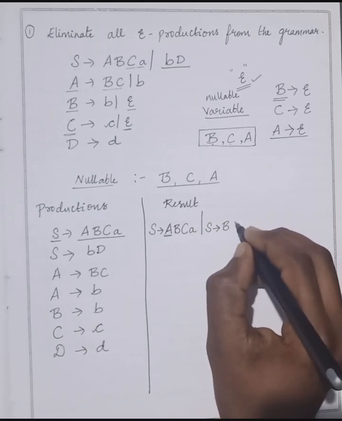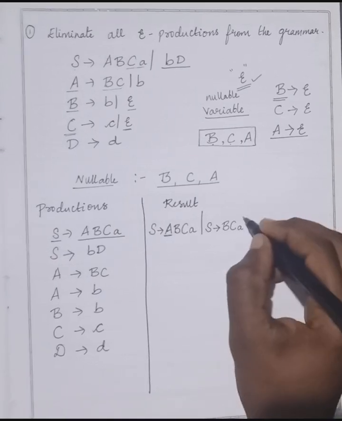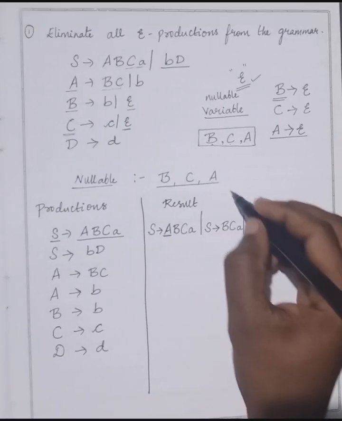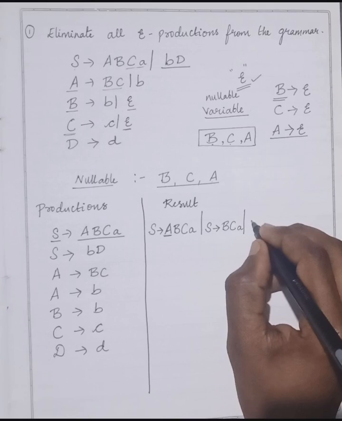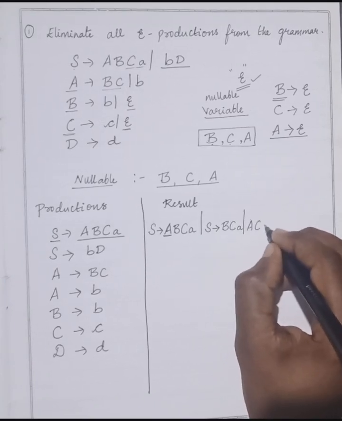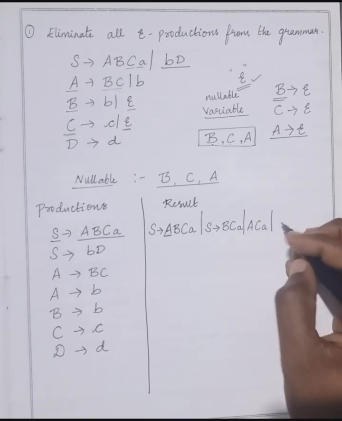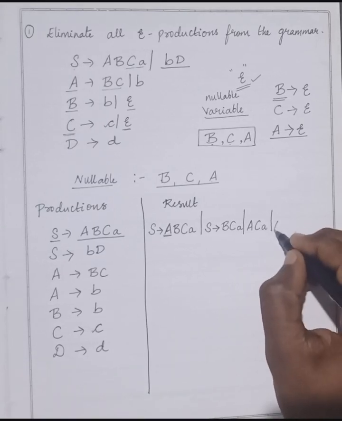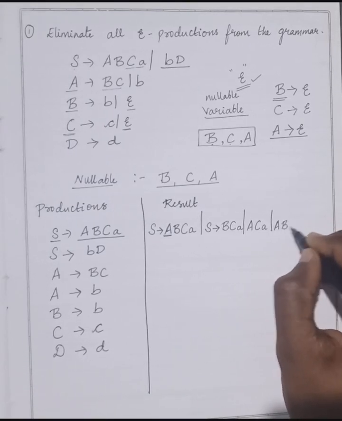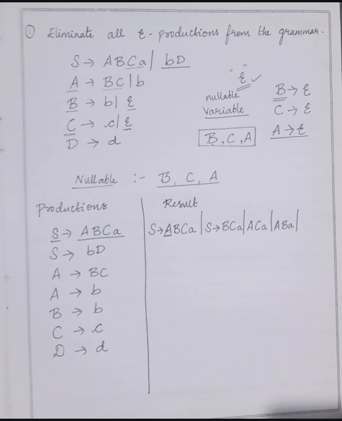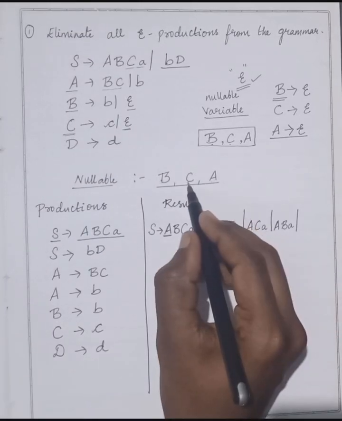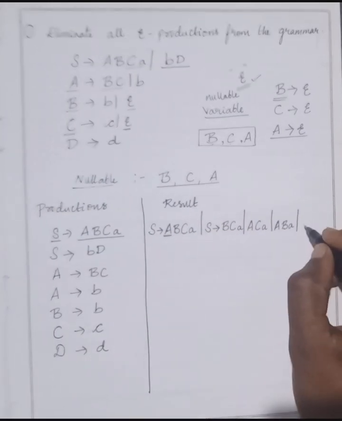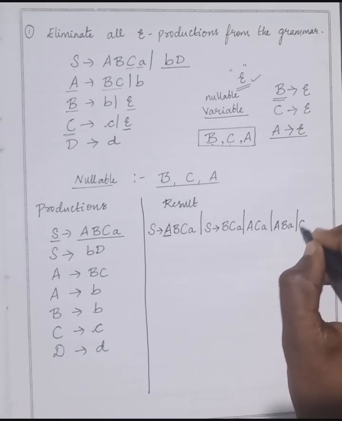If A is substituted as epsilon, we get a new combination: S derives BCA. The second time, considering B as epsilon, you get ACA. The third time, if you consider C as epsilon, you get BA. Second, if you assume both A and B as epsilon, you get CA.